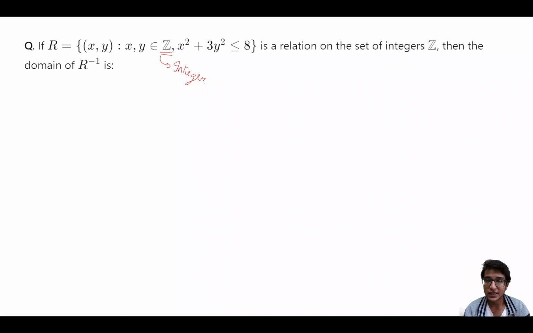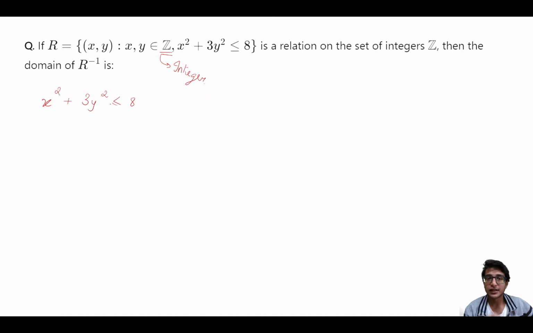I know you haven't studied complete details about ellipse till now. It is going to come when we study coordinate geometry. But in your class 12th, you must have seen a little bit of what ellipses are and how their minor axis and major axes are, right? So that is the concept that we are going to use in this question. So this is my ellipse, x square plus 3y square less than or equal to 8.